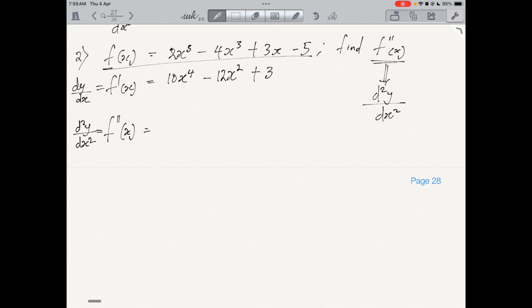Now we'll have 40x raised to power 3 minus 24x. Now let's take, for instance, we want to differentiate up to the third derivative. Then we'll differentiate 40x raised to power 3 minus 24x. That will give us 120x squared minus 24.